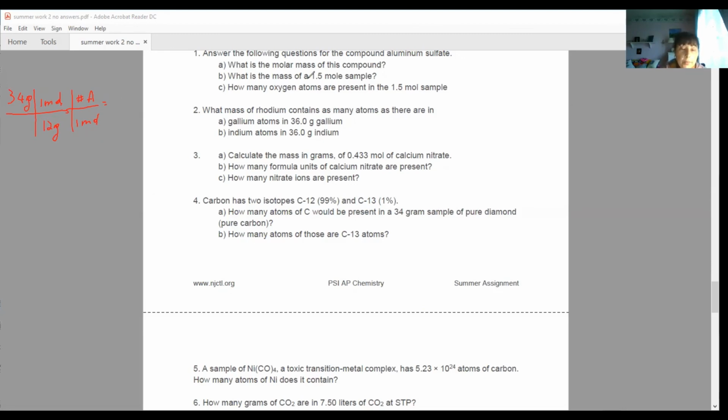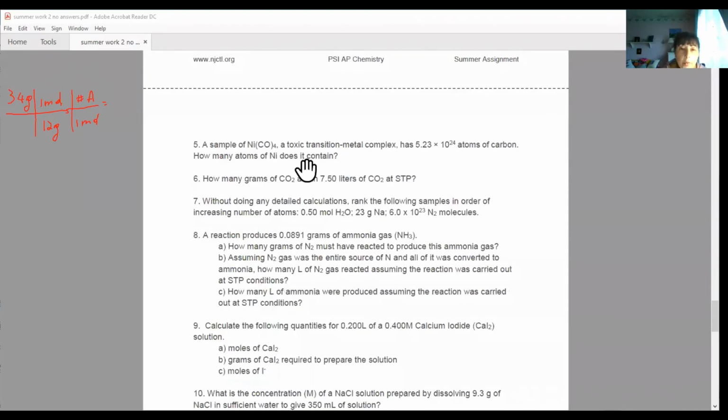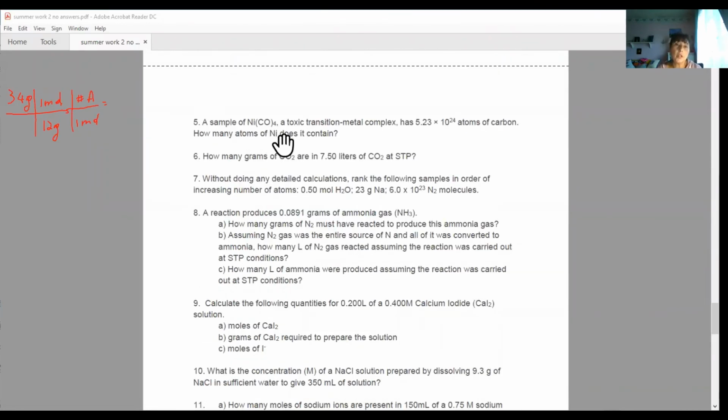Number 5. A sample of nickel tetracarbonyl, a toxic transition metal complex, has this many carbon atoms. How many atoms of nickel does it contain? The ratio is 4:1, so this number divided by 4.